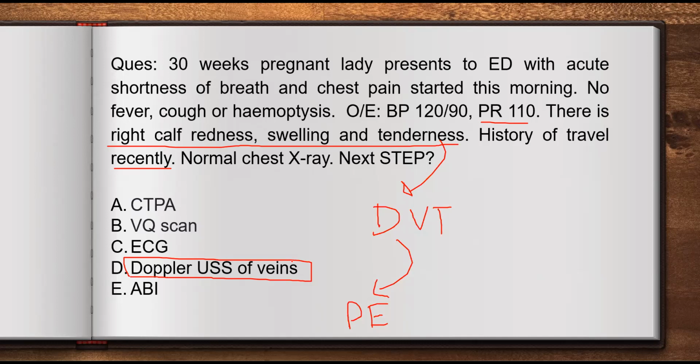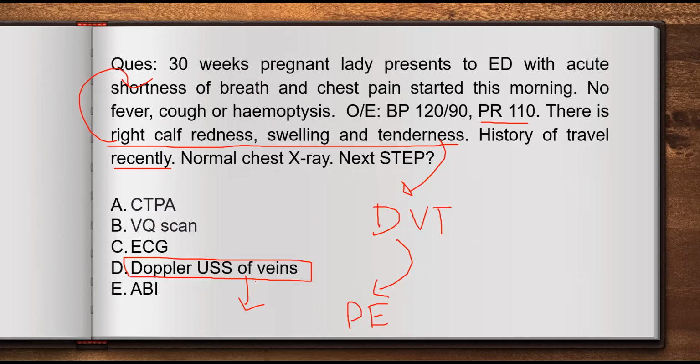Okay, so in this case, if it's a pregnant patient with a deep vein thrombosis, and on top of that the patient also has features of pulmonary embolism, you don't need to do a VQ scan, because if you can find out this patient's Doppler shows DVT, this patient obviously has a pulmonary embolism. So you don't need to worry about doing a VQ scan to diagnose it.